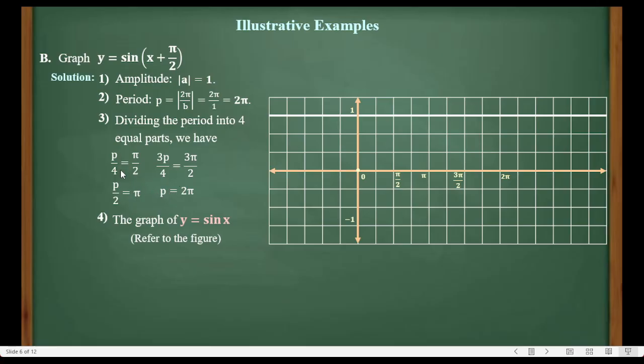Now for the first value, p over 4, we consider pi over 2 and substitute as the value of x from this given mother function. So sine of pi over 2, we all know that is equal to 1. So at pi over 2, we plot the point which is at the level of 1 as the coordinate of the y-axis.